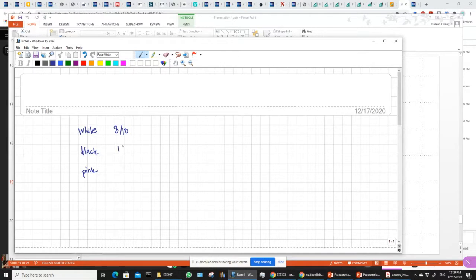Let's say 1 out of 10 are black, and 1 out of 10 are pink. I'm just making up these numbers. Okay, so I need to encode this sequence, like this message.